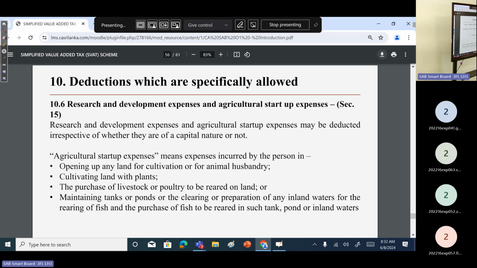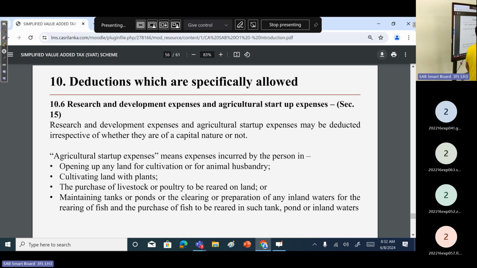So it gives a return over a period of time. Section 11 again says any expenditure which yields a return over more than a 12-month period shall be categorized as capital nature. So there is a restriction when we claim expenditure in this type of industry. Therefore it says even capital nature expenditure we can deduct.